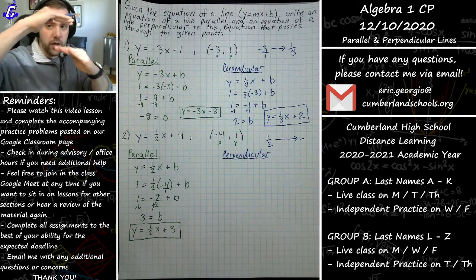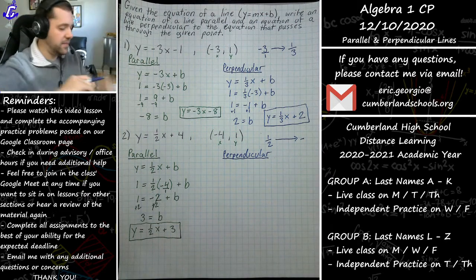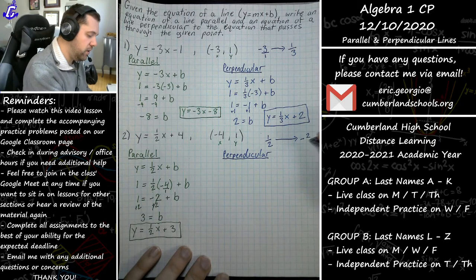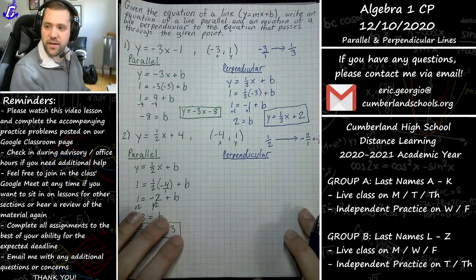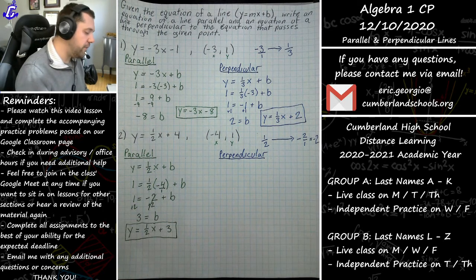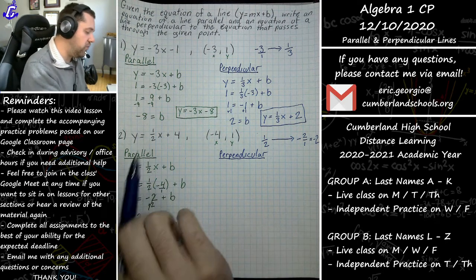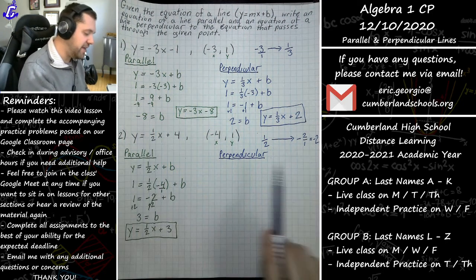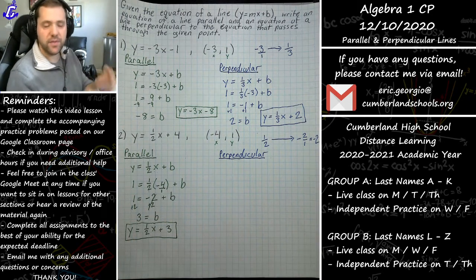And 1 over 2 is going to flip-flop to be 2 over 1. And -2 over 1 is just -2. Getting kind of close to the edge of the paper there. So my perpendicular slope would be -2. The opposite reciprocal of 1/2 is negative 2.